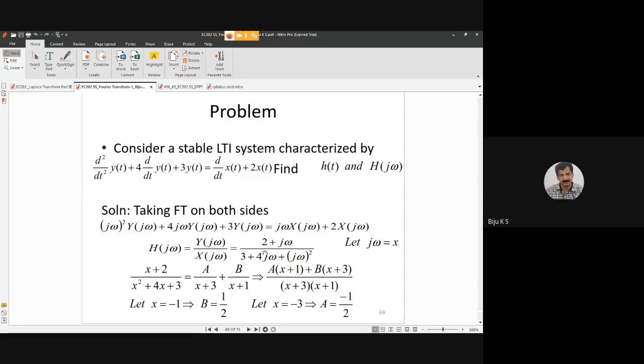The denominator: 3 minus omega square, because (j omega) square is minus omega square, so root of (3 minus omega square) the whole square plus the imaginary term 4 omega the whole square, which is 16 omega square. That is the denominator.